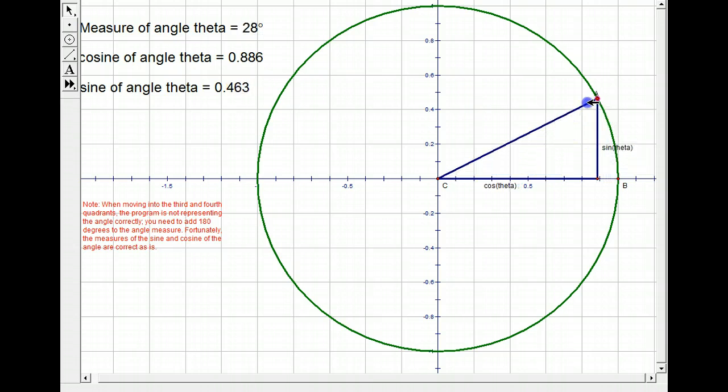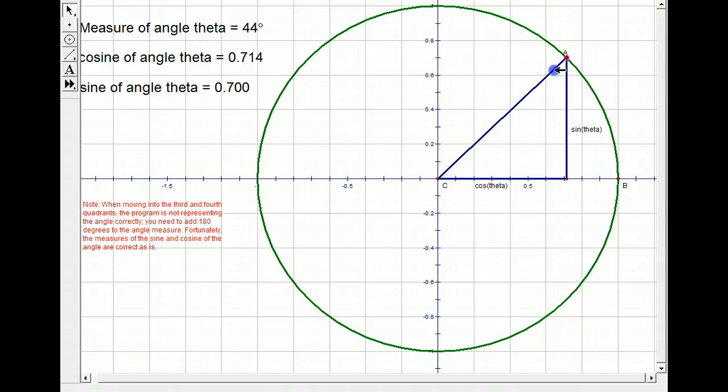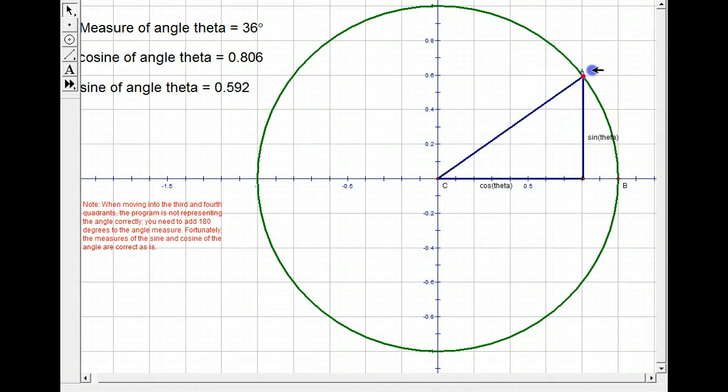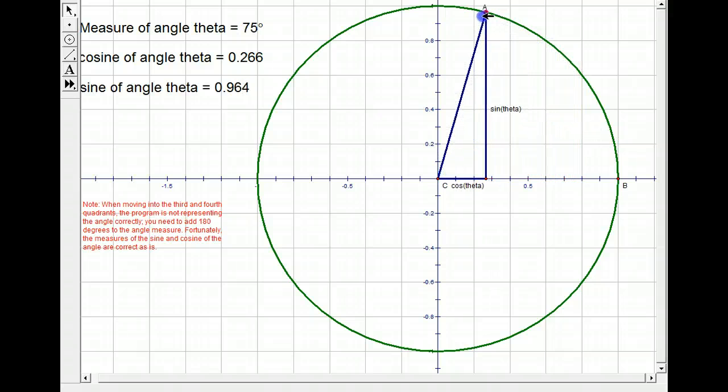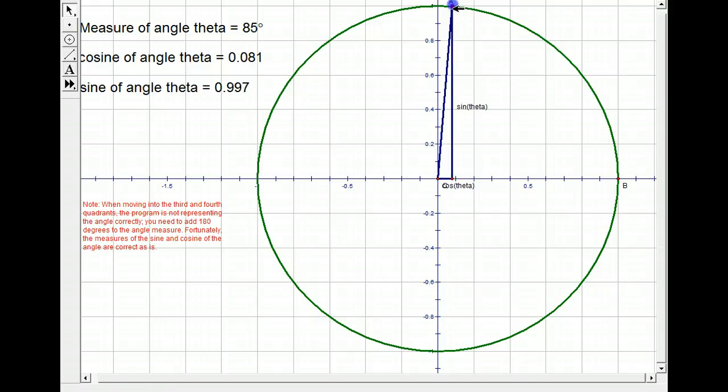So maybe we'll stick with sine first. Sine of 45, exactly there, is about 0.707. We came up with the approximation the other day. This is not entirely accurate. But you can see that the height, or sine of theta, or the angle, increases until we get to 90 degrees.